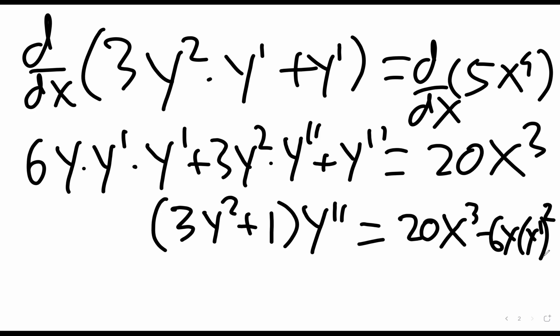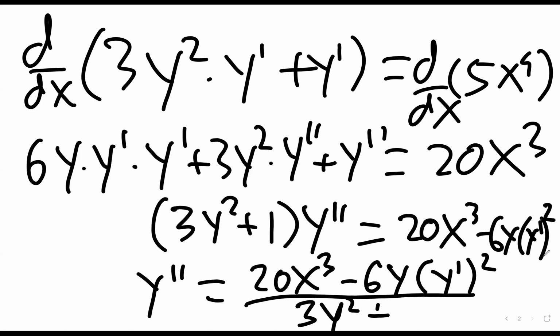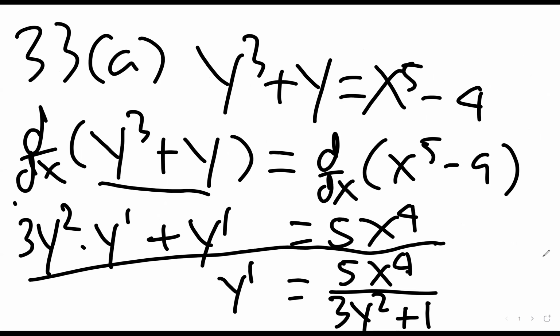So in the end, y double prime equals 20x cubed minus 6y times y prime squared, all divided by 3y squared plus 1. All right, so that's the first derivative and the second derivative of y as a function of x.